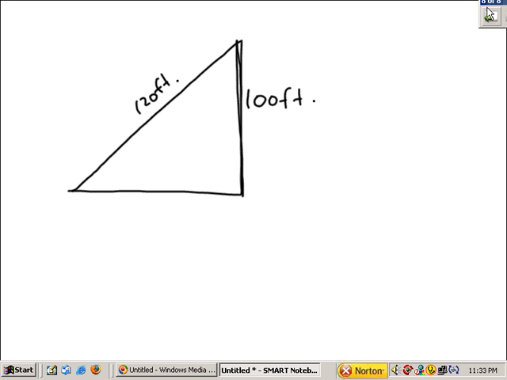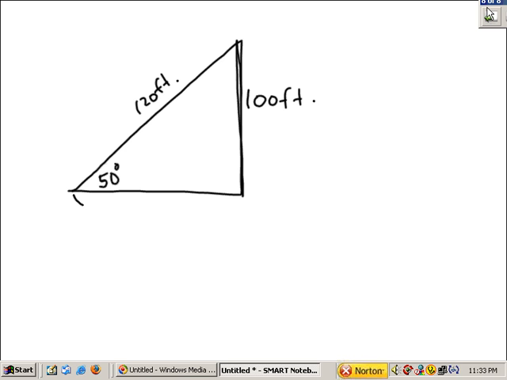Okay, and you know that this angle is 50 degrees. You know that angle is 50 degrees.